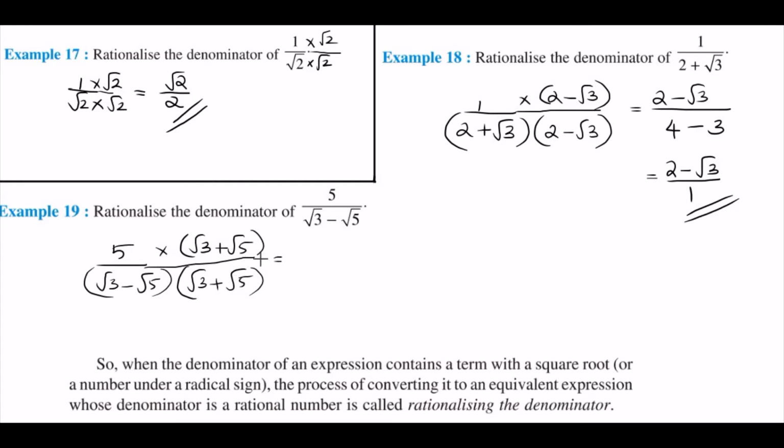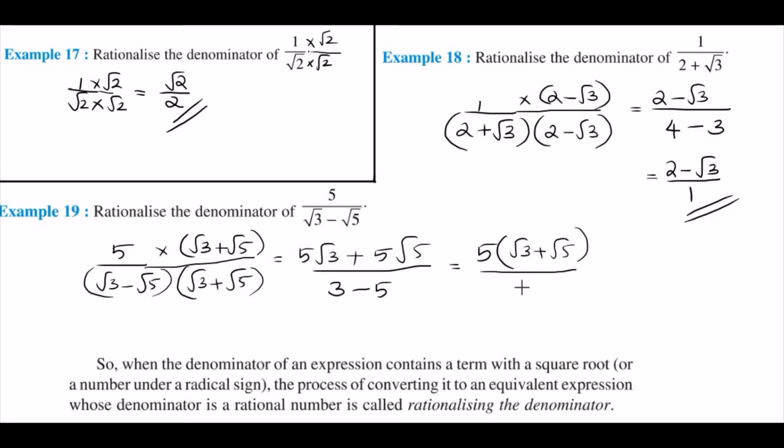So you will get 5 into root 3 is 5 root 3 plus 5 into root 5 is 5 root 5 by root a minus root b into root a plus root b. That is a minus b. So here a is 3 and b is 5. So you will get the answer as 5 into root 3 plus root 5 by 3 minus 5.